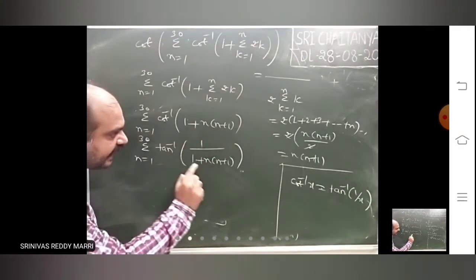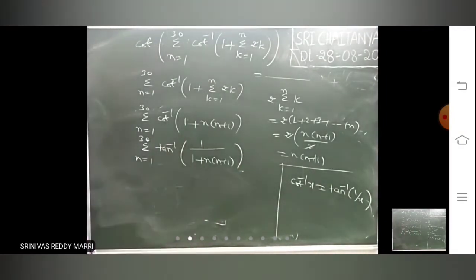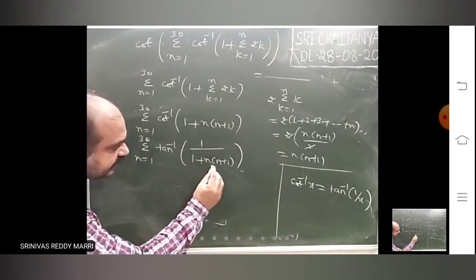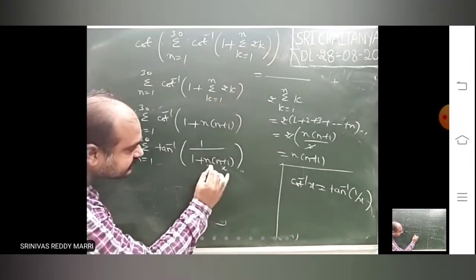Now I have to convert this into the form x minus y divided by 1 plus xy. Look at the 1 here. This is x, this is y.